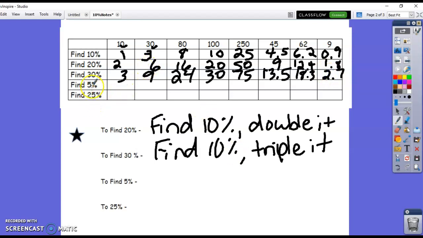Next, we have 5%. Think about, how does 5% relate to 10%? Well, 5% is half of 10%. So once you find 10%, you are going to take half of it or divide it by 2.